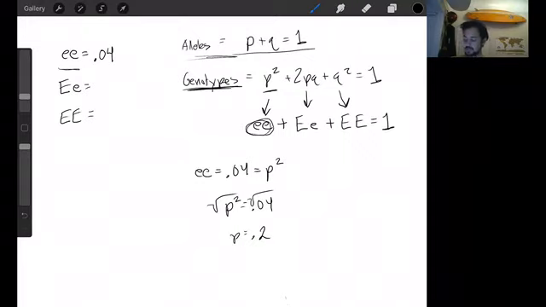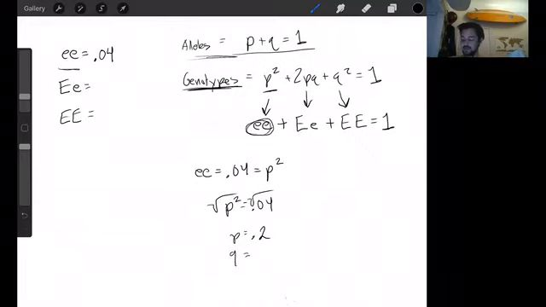Okay, so now what's q? Look at the equation for allele frequencies. Now you've taken the genotype, EE, and you've changed that into an allele frequency, right?